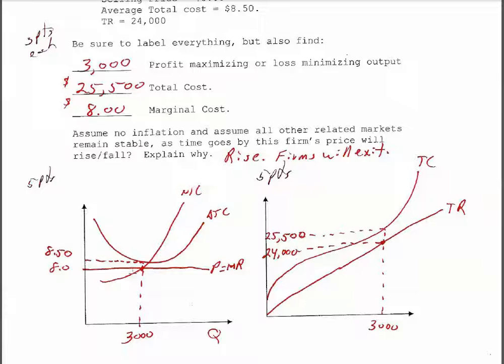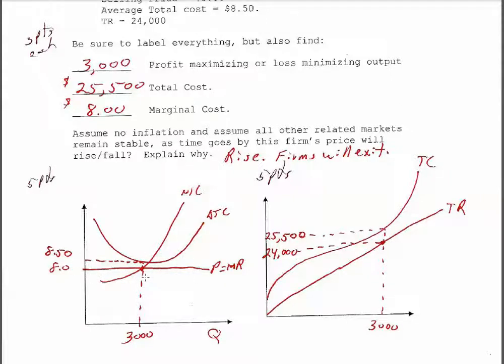If you notice in the graphs, the price line must fall below average total cost because this firm is actually losing money. Its selling price was $8, but its average unit cost was $8.50. So it's losing 50 cents. It has a 50-cent loss on every unit that it sells. So its average total cost family needs to look like this. Hope you can see my little cursor.